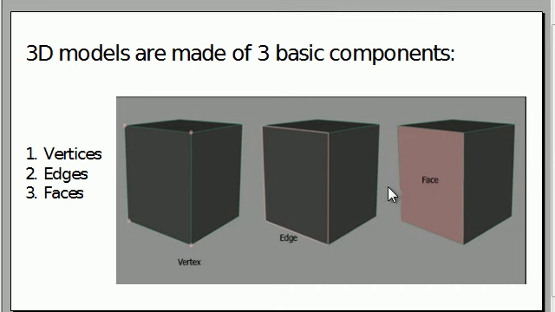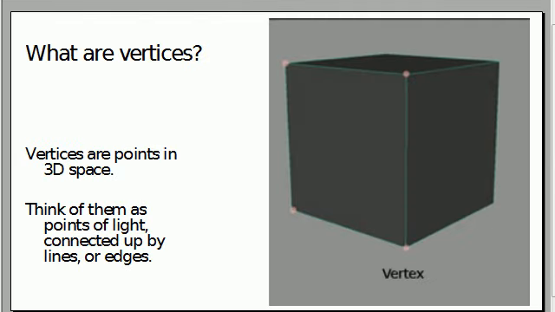That's all relatively straightforward, and when we start modeling, you can manipulate vertices, that is to say these little points in space, the edges created by joining them up, and the faces created by the edges and vertices. So you've got to remember: vertices, edges, and faces.